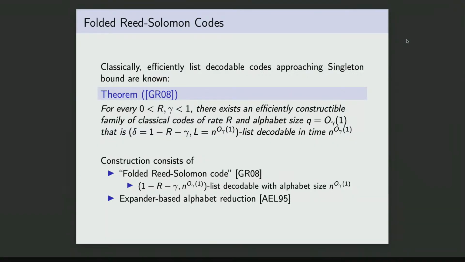And this construction consists of these folded Reed-Solomon codes, which are what we want, except they have a polynomial size alphabet. And then it combines them with the Alon-Edmonds-Luby expander-based alphabet reduction technique to bring the alphabet size down to a constant.